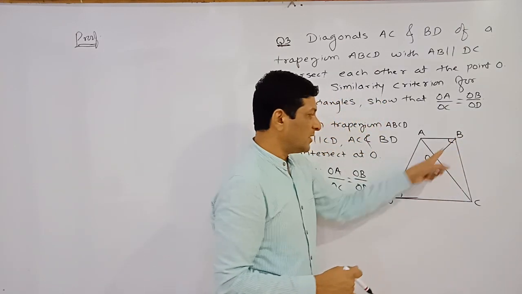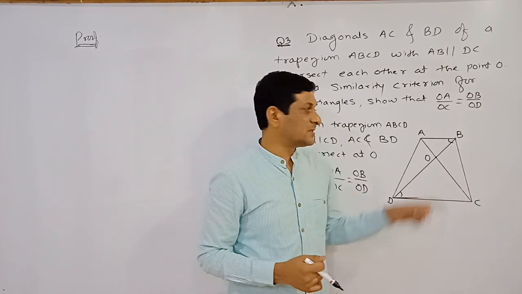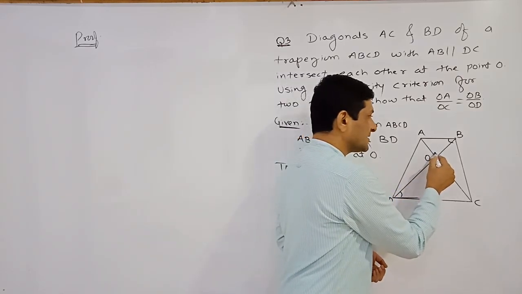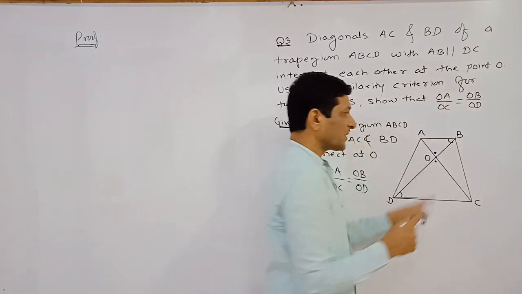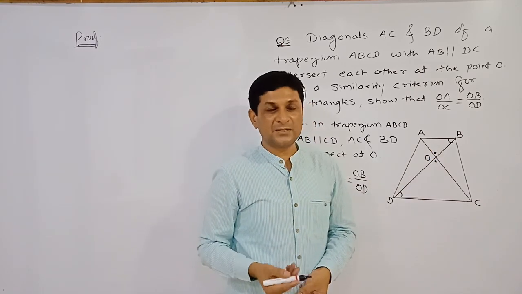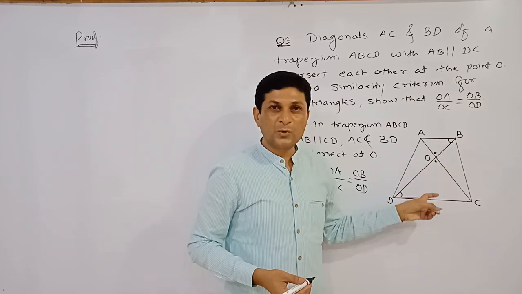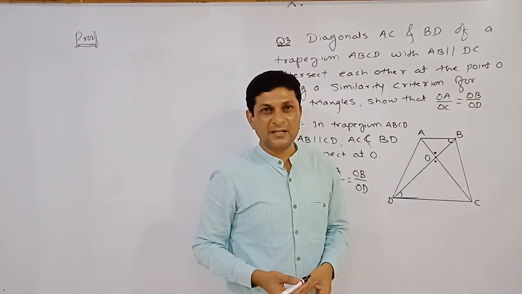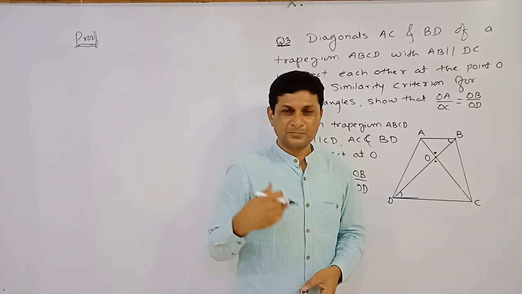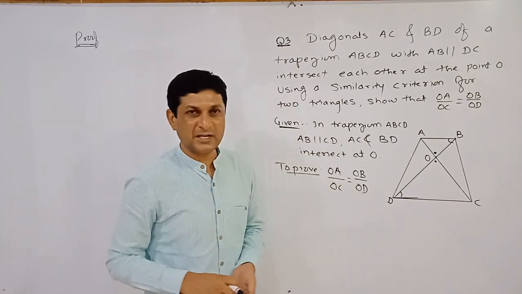This is a pair of alternate angles, and the pair of alternate angles is equal since these two lines are parallel. We can also say that these two angles are equal because they are vertically opposite angles. In this way we have shown that two angles of the first triangle are equal to two angles of the second triangle, so these two triangles are similar by AA criterion, and if they are similar, we will get our required result.